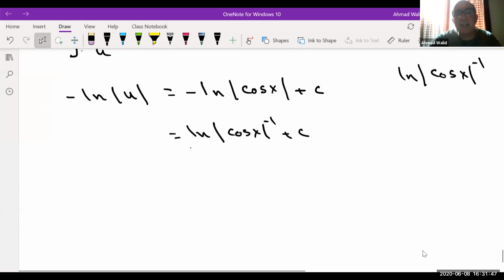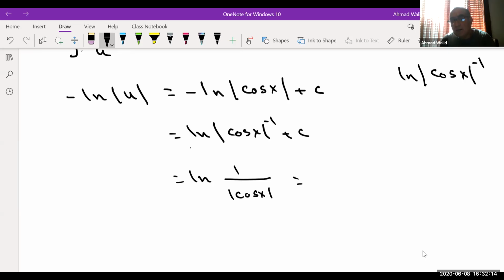Whenever you have a negative exponent, you send it to the denominator. Then you can write this as ln of 1 over the absolute value of cosine x. 1 over cosine x gives you secant x, right? Then you can write this as ln of the absolute value of secant x. And still you have plus c in all these steps.